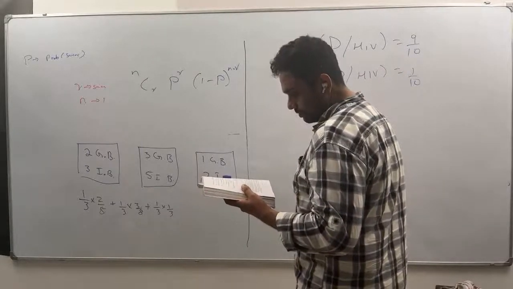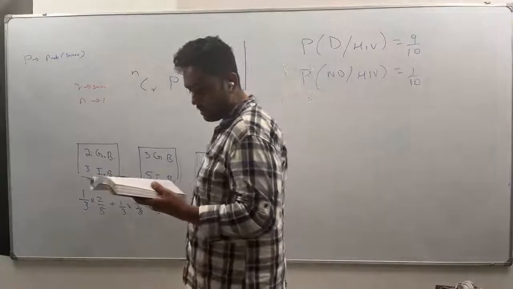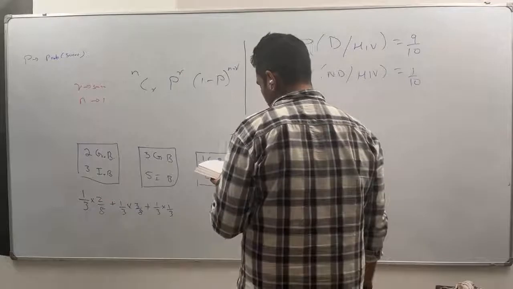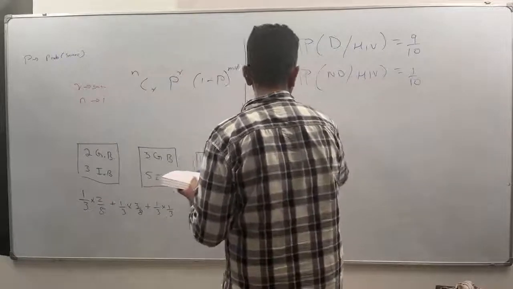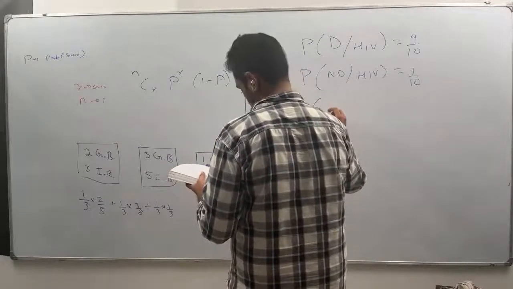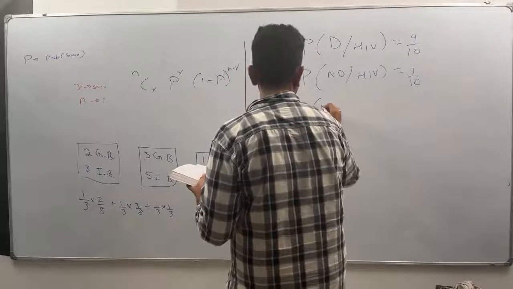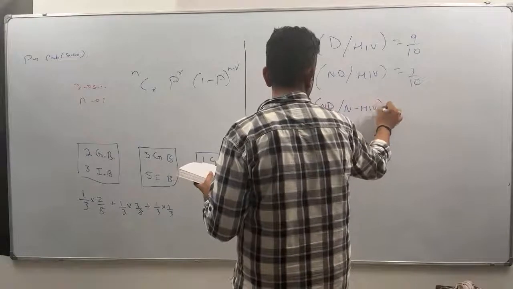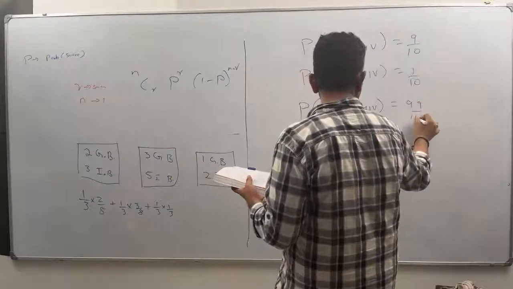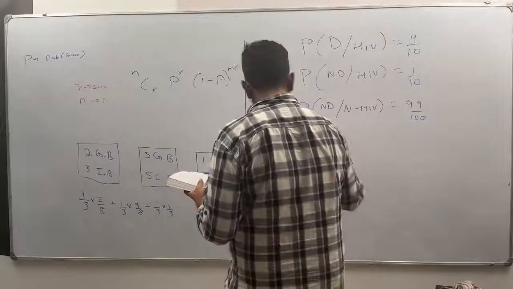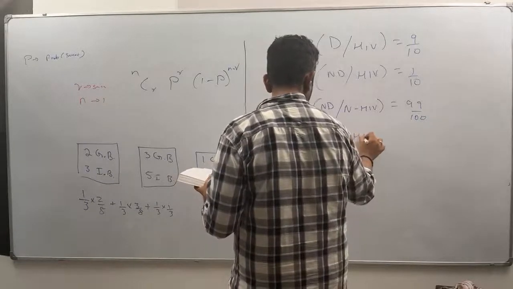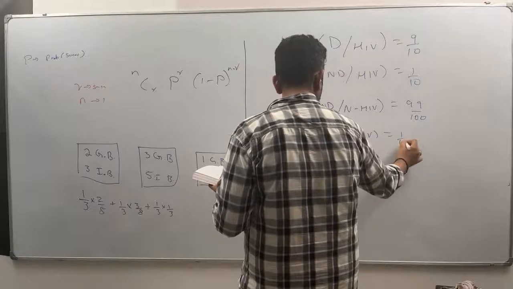Of people free of HIV, 99% of the tests are HIV negative. So probability of not detecting given no HIV is 99 by 100. So obviously the other one will be 1%. That is not even needed to write. Detected given non-HIV is 1 by 100.